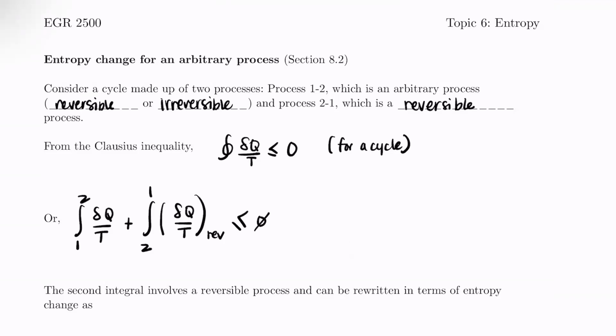All right, so what I'm saying here is that we have two states, 1 and 2, and we have a process that goes from 1 to 2. So this one could be reversible or irreversible.